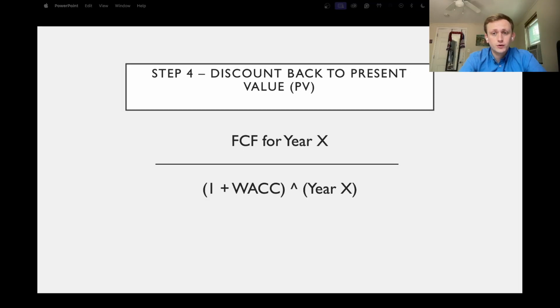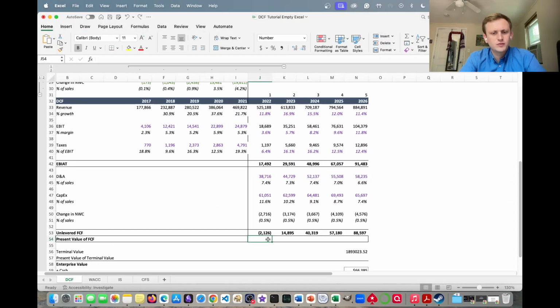All right, now we're going to discount back to the present value. We do this by getting the free cash flow for year X, and we divide it by 1 plus the WACC to the power of year X. Now this might sound a bit confusing, but once you get into the Excel, it's a bit more understandable.